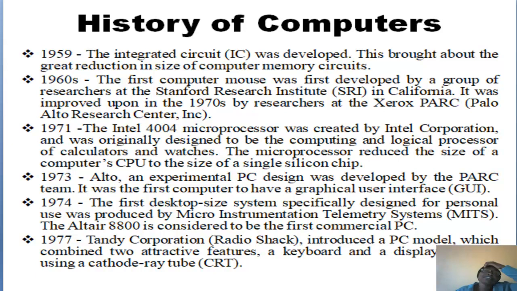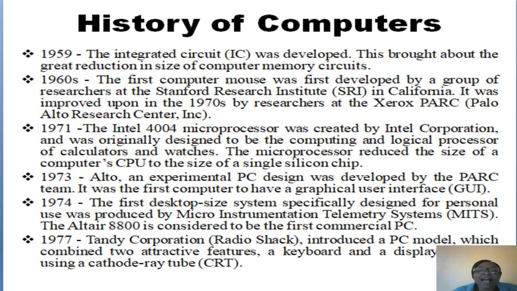At this stage, the sizes were reduced somewhat. In the 1960s, the first computer mouse was developed. In 1971, the Intel 4004 microprocessor was created by Intel Corporation and was originally designed to be the computing and logical processor of calculators and watches.